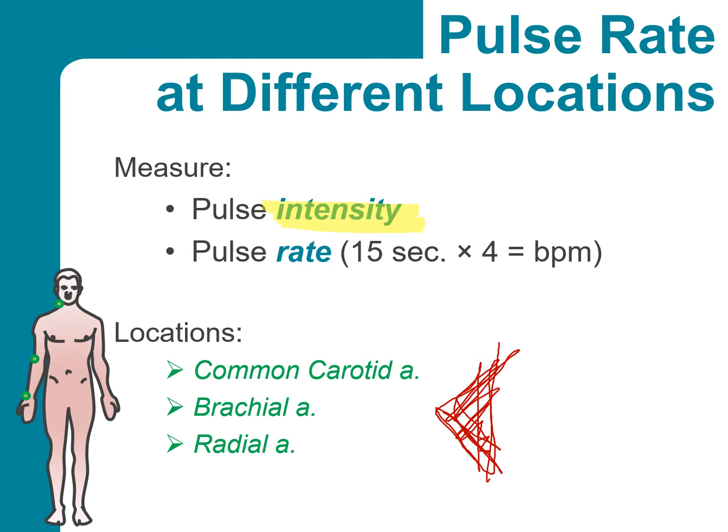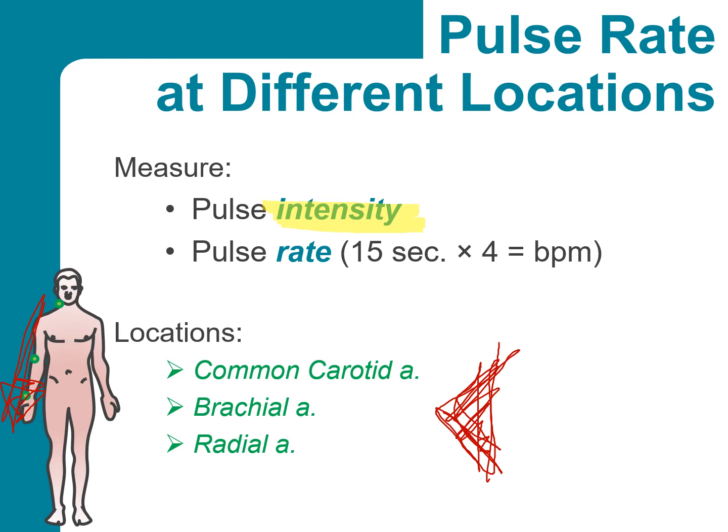The common carotid is really close. The radial one is really far away from the heart, as far as we can go on the upper limb, really. So I'm interested in you observing if the pulse is felt strong at each of these spots. That is the first thing that I want you to make a note of for each of these.